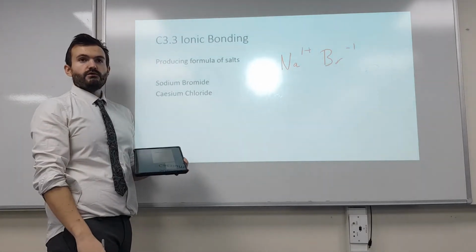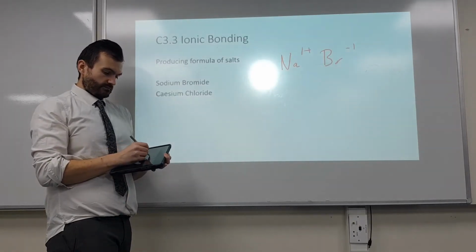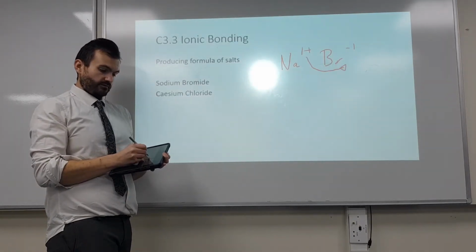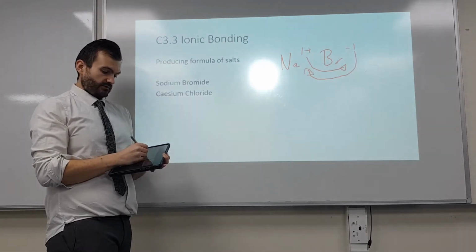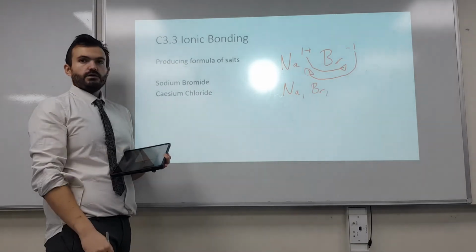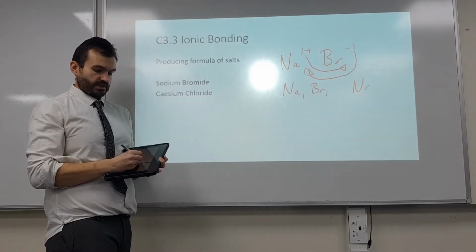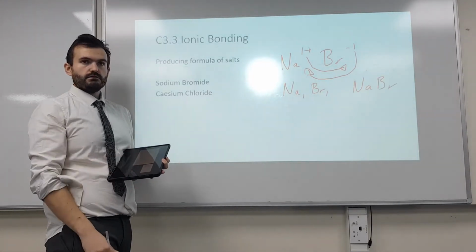You wouldn't normally write the numbers, but I have just to make it easier. Then all I'm going to do is move this 1 in front of the bromine, and this number in front of the sodium. So I would have Na1 Br1, but just like in mathematics, you don't write the 1. So the formula for sodium bromide is NaBr.